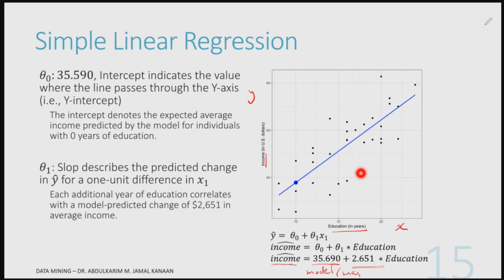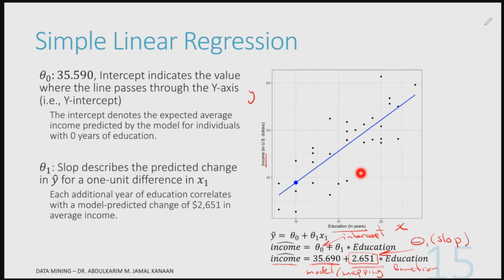Now what is 2.651? We call it slope. The value, this is theta 1, or we call it slope. Theta 0, we call it the shift or intercept, which is in this case 35.69.